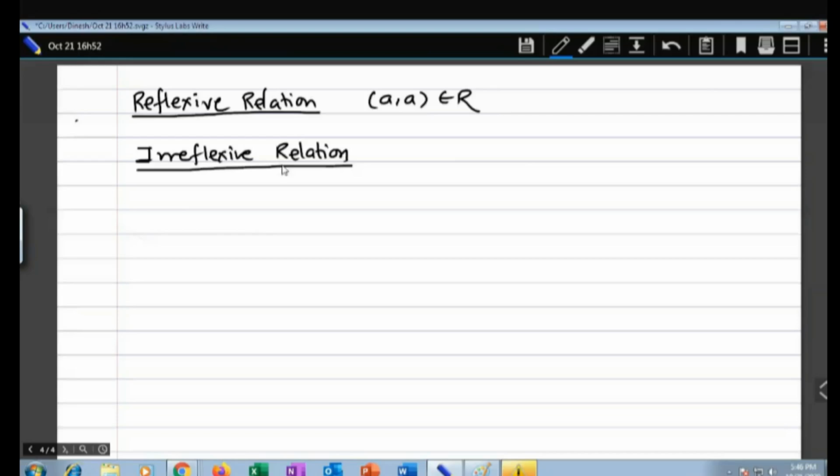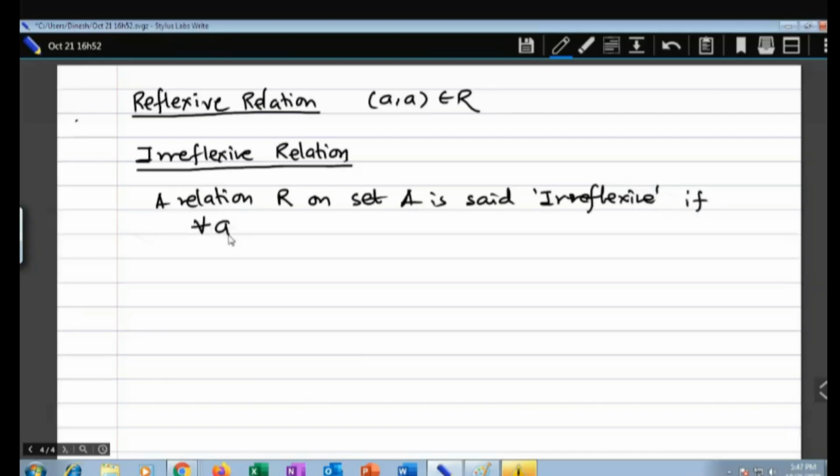A relation R on set A is said to be irreflexive if for every a, a comma a is not in R. Now this is the opposite. Reflexive talks about a comma a being in R, and irreflexive talks about a comma a not being in R.